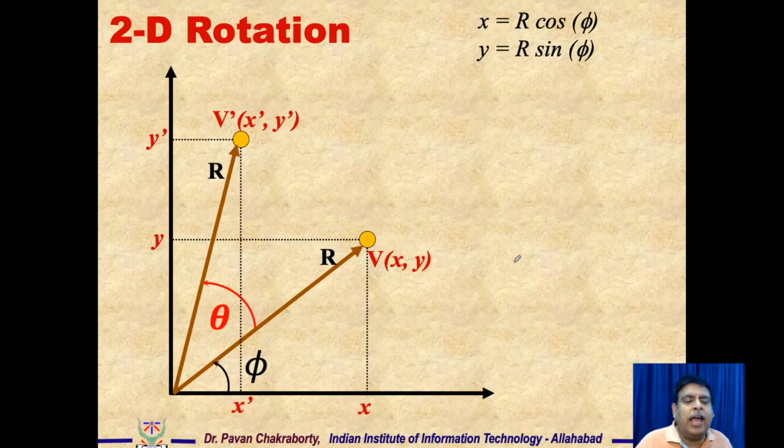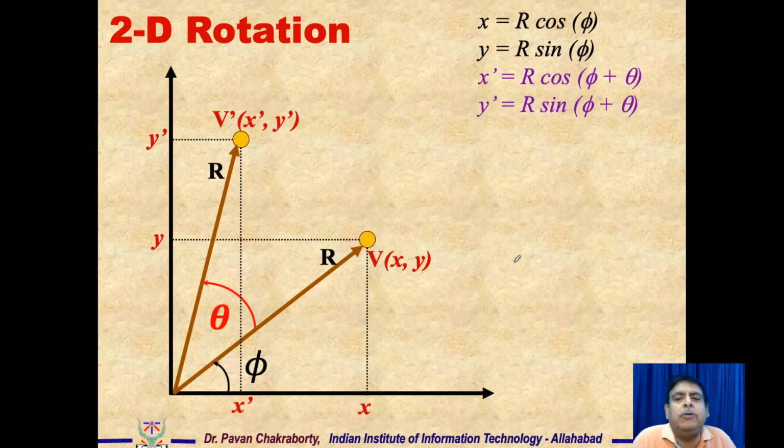If I write these coordinates of this vector V' in a similar manner as for the vector V(x, y), I would have x prime equal to r cos(phi plus theta), and y prime equal to r sin(phi plus theta).